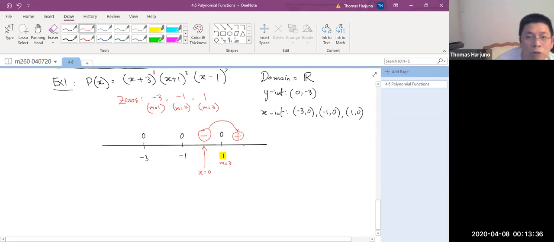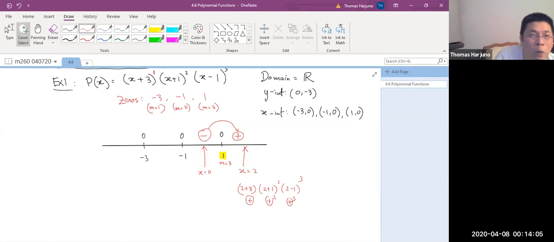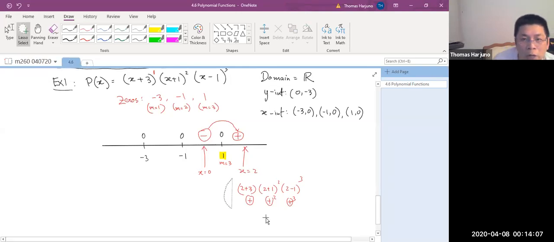Of course, you can also try that. Let's say x equals 2, then you plug it into the polynomial: 2 plus 3 times 2 plus 1 squared times 2 minus 1 cubed. This is positive squared, this is positive cubed. Everything's positive, so it's positive anyway. But we don't really like to use this method anymore because it's too primitive.